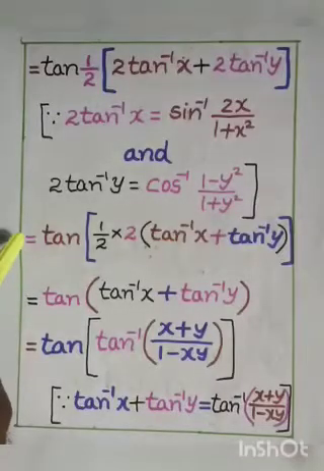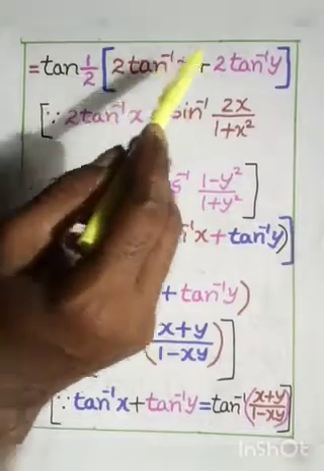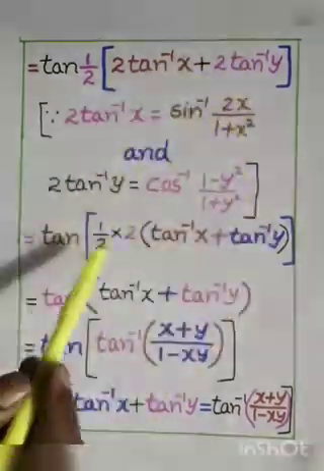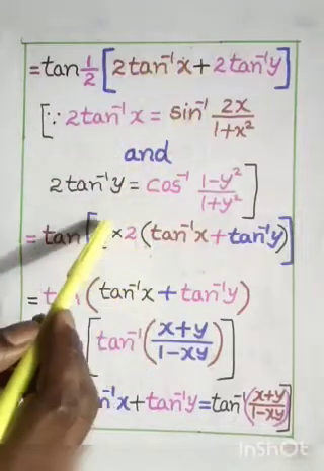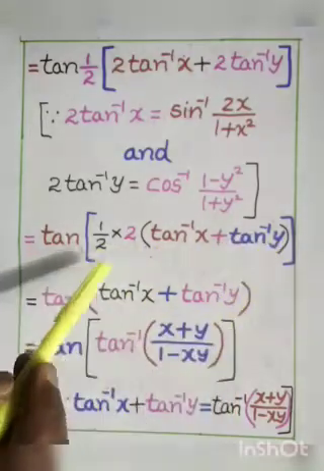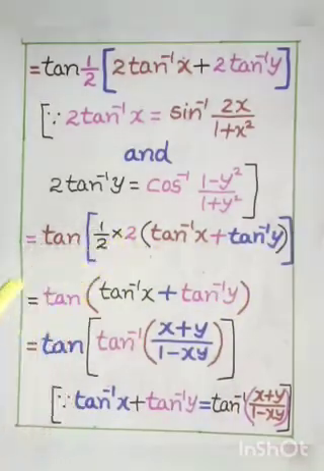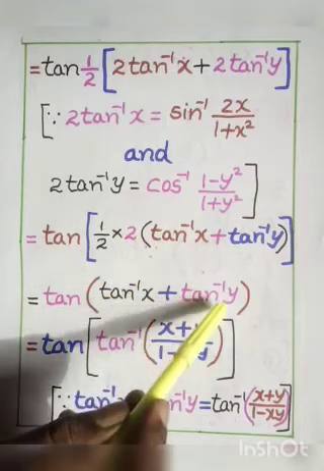Right. That is equal to tan, just multiply this 1 by 2 into two terms. 1 by 2 of, by taking 2 common factor, here we get 1 by 2 into tan inverse x plus tan inverse y. Now strike out these two, then we get tan of tan inverse x plus tan inverse y.